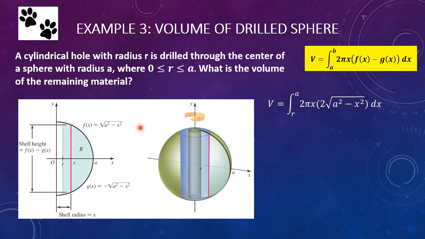And in this case, we are integrating from the values of r to a. That's the r interval. We're going from r to a, because again, what we're trying to figure out is how much material is left after we drilled this hole through the center of the sphere with a radius r. So the material starts at r and goes out to the x value of a.